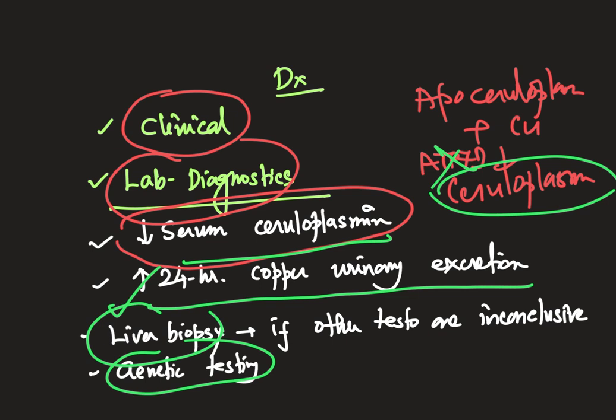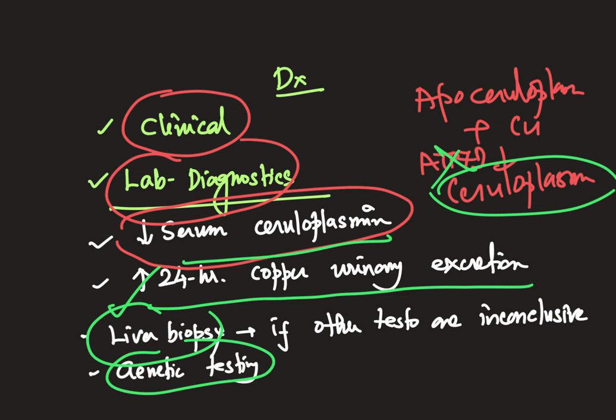It helps in excretion of excess copper from the liver via bile, and it also helps to transport the excess copper into the serum through the help of apoceruloplasmin, because ATP7B incorporates copper into apoceruloplasmin to make ceruloplasmin. Now when ATP7B is defective, both these steps would not be possible.